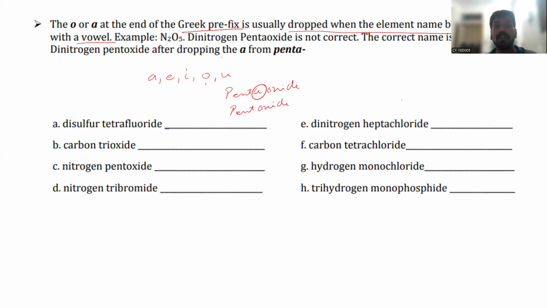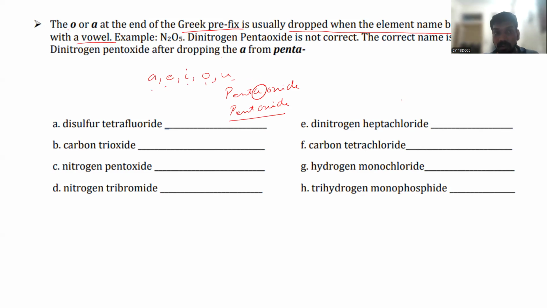So if you are using a Greek prefix like mono, di, tri, tetra, penta, you have to avoid the ending vowel when the element starts with A, E, I, O, U. Remove that and use oxide, like pentoxide.